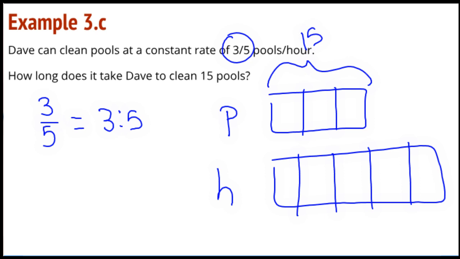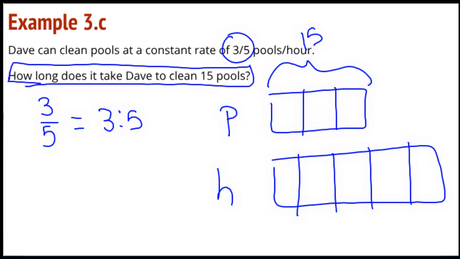Now, it's important that I read the sentence here and figure out what information is being given to me. I've got 15 pools. And the 15 pools are split into 3 pieces, and 15 divided by 3 is 5. And so if these are 5, all the pieces for the hours are 5.